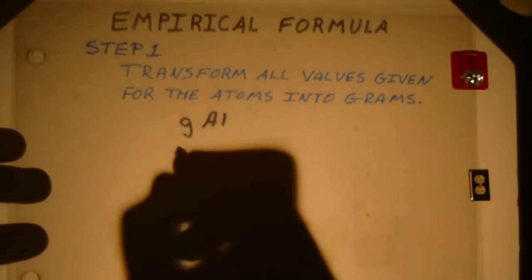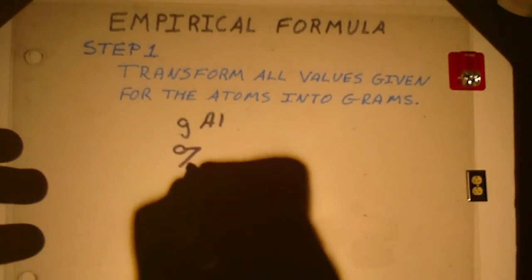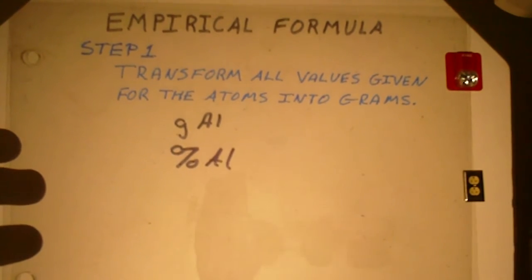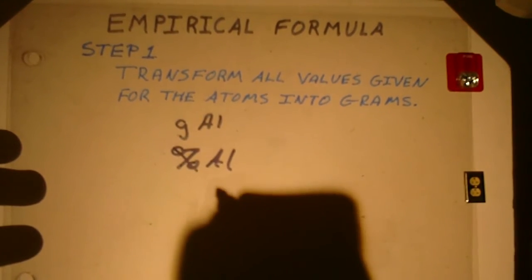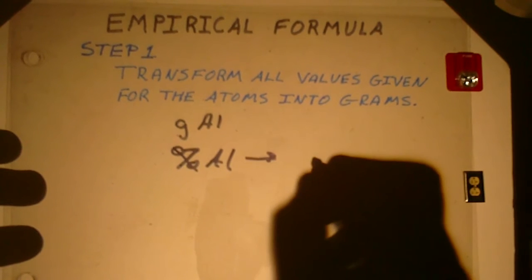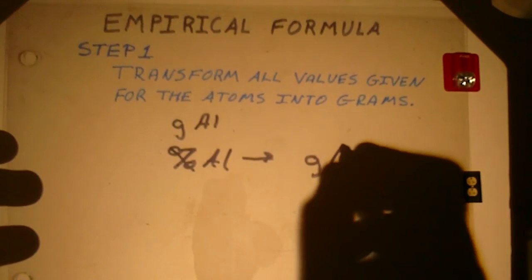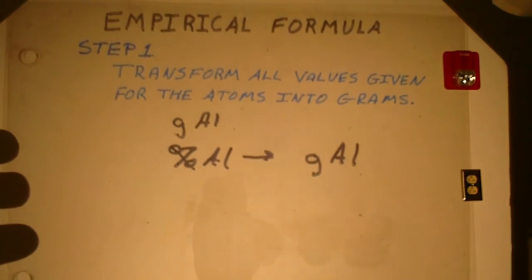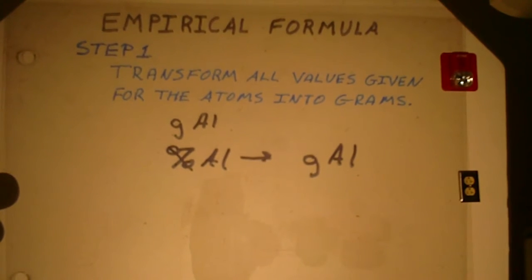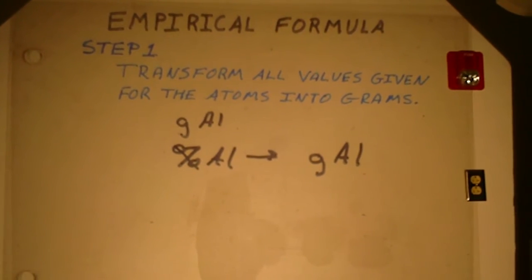Totally fine. If you're given percentage of aluminum, cross the percent out and simply write the exact same number as grams of aluminum. A percentage is based on 100. The percentages will add up to 100. We can have a 100-gram sample. It still works. Everything's fine.